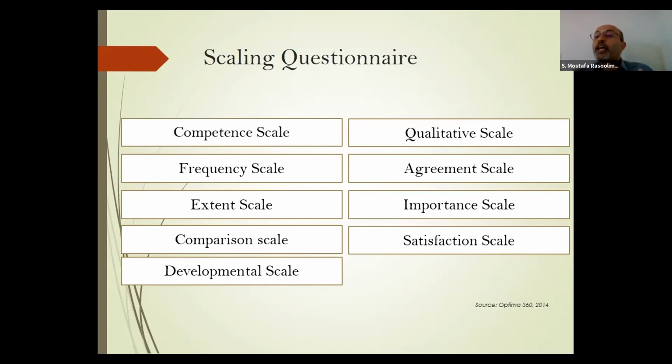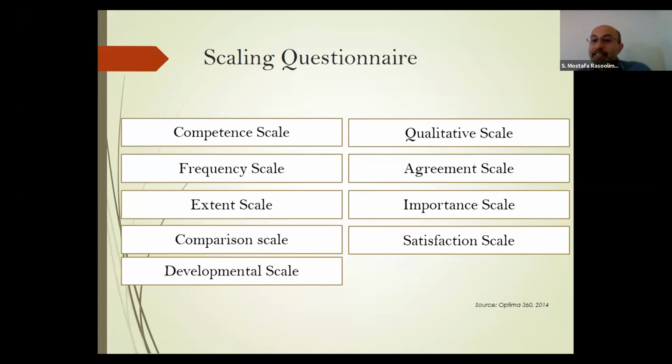We divide this based on the Likert scale into 5 points: strongly disagree, disagree, neutral, agree, and strongly agree, or 7 points or 9 points.